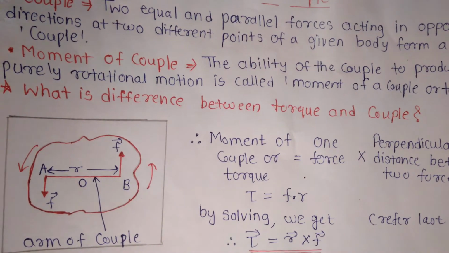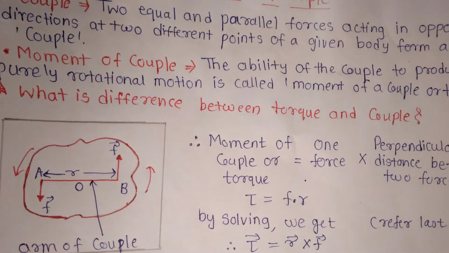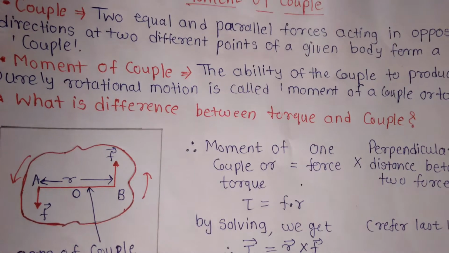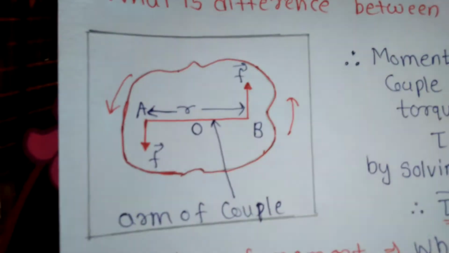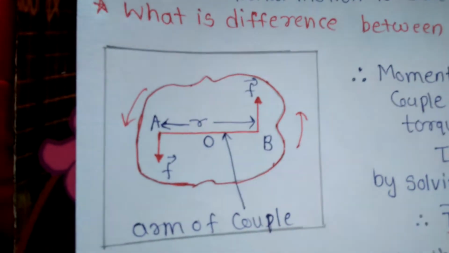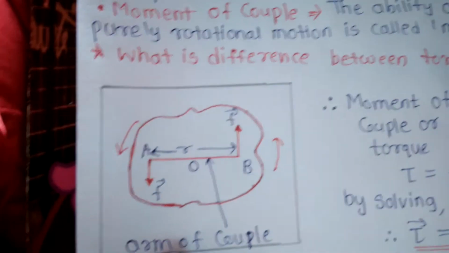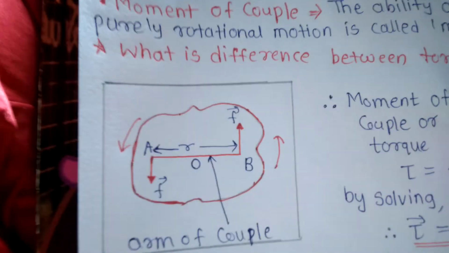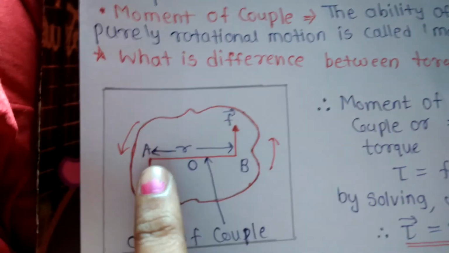So this is the difference, or we can say that a torque is a special kind of twist force that originates from a couple. Here we consider two forces of equal magnitude and opposite direction F acting on this body, separated by perpendicular distance r.